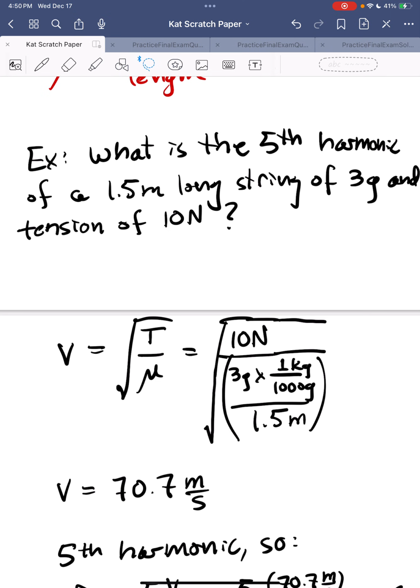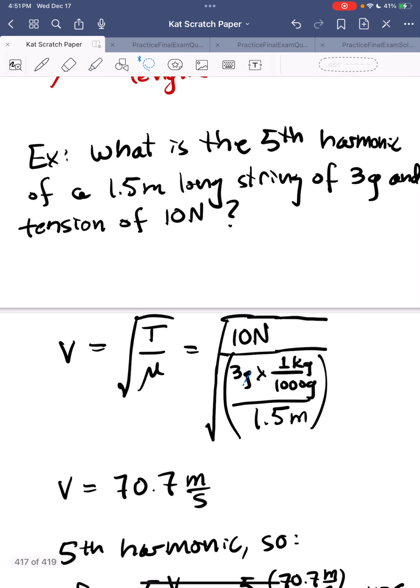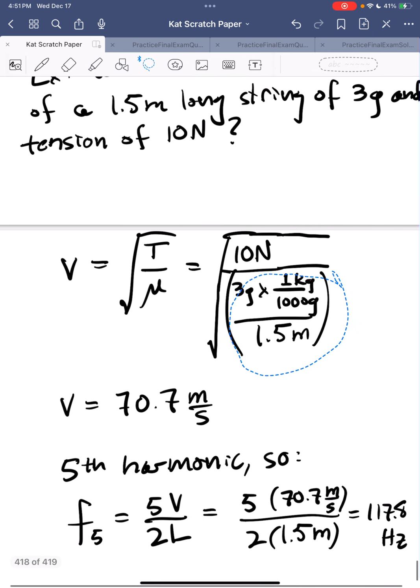There are 1,000 grams in 1 kilogram. So this number right here is actually 1, but it has different units, and this allows me to cancel grams with grams. So 3 divided by 1,000, and now divided by 1.5, that's the number down here. Plug all these into the calculator, and I get that the velocity of the wave on the string is 70.7 meters per second.